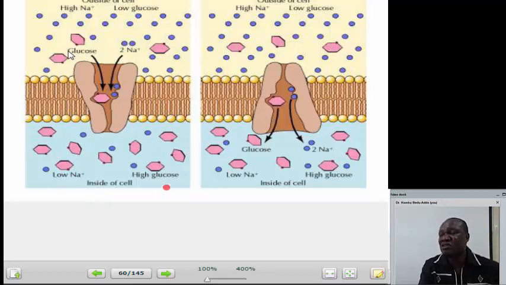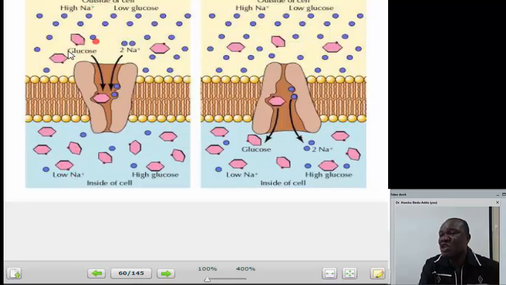Now, the concentration of glucose outside the cell is lower than the concentration of glucose in the cell. So this transport mechanism will move sodium down its concentration gradient and will move glucose against its concentration gradient.